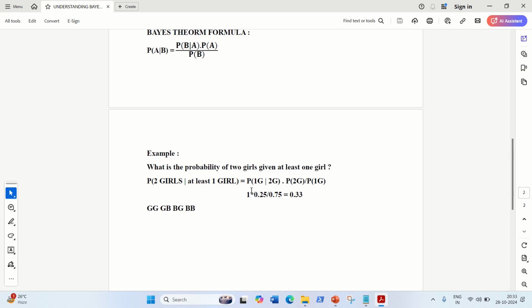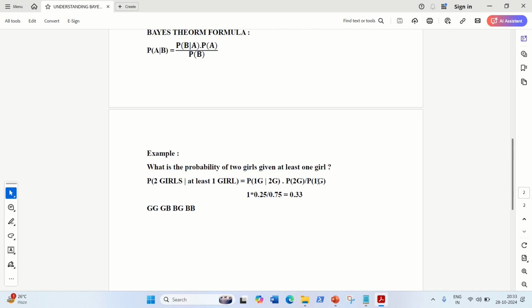So we can write it as 1. And how can we find P of two girls? We know basic probability or permutation combinations. There will be four combinations because we have two children: girl-girl, girl-boy, boy-girl, and boy-boy. So the probability is 1 divided by 4, which is 25%.